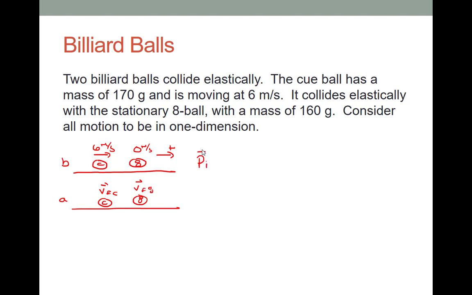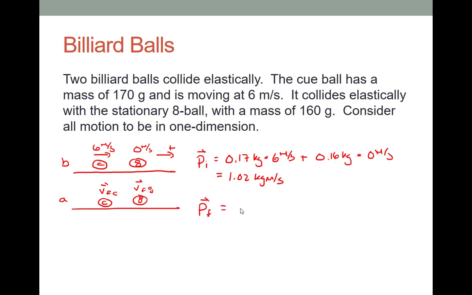Initial momentum will be the mass of the cue ball, which is 170 grams or 0.17 kilograms, times 6 meters per second, plus the mass of the 8 ball, which is 0.16 kilograms, times 0 meters per second, which works out to be 1.02 kilogram meters per second.